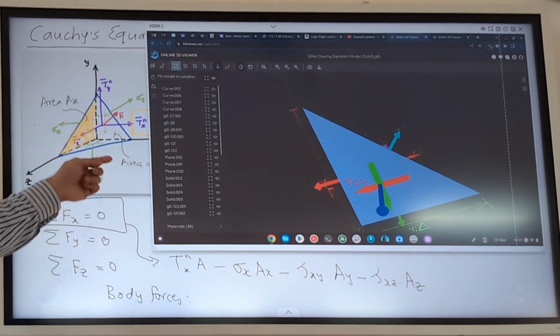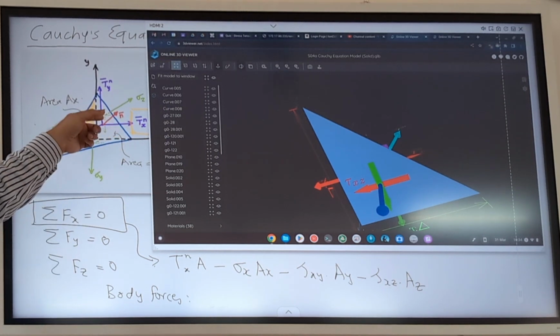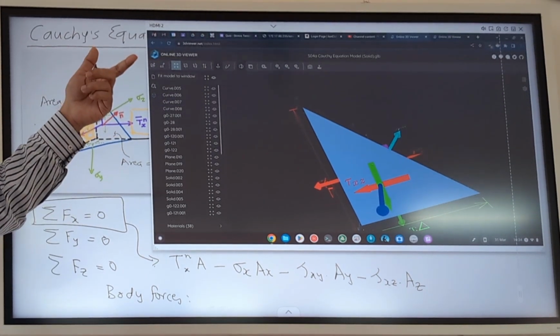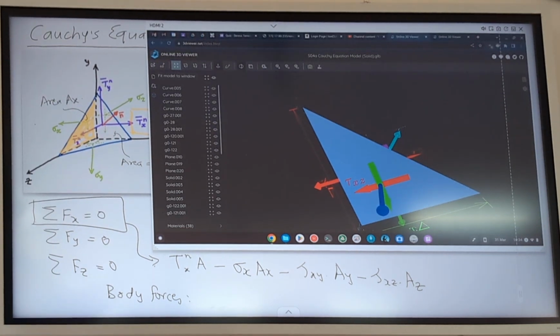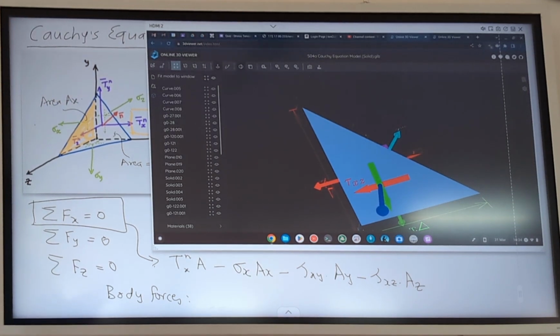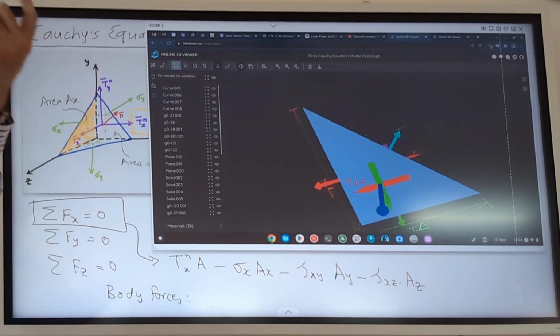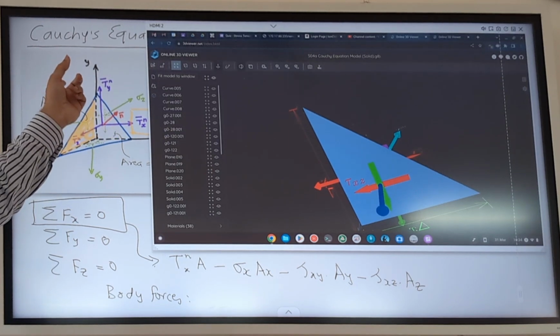Here g is the acceleration in the gravity direction. So mass into g will be the body force magnitude, and instead of mass, you can write density rho multiplied by volume, so the volume of this tetrahedron multiplied by the body force magnitude.